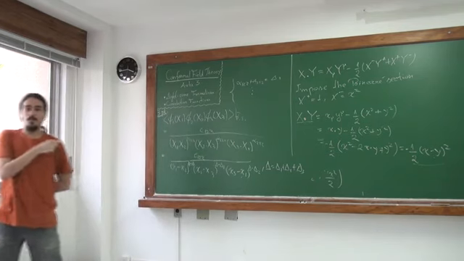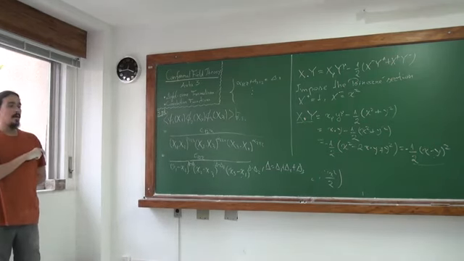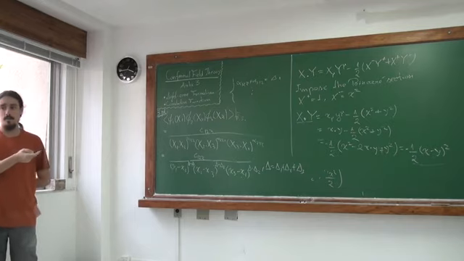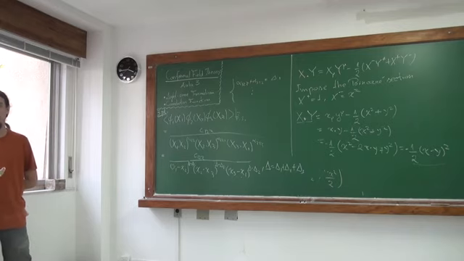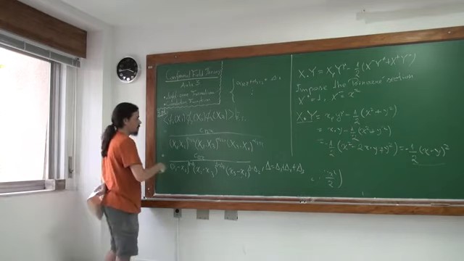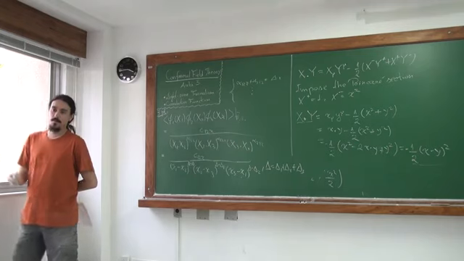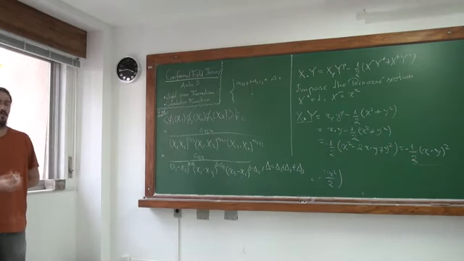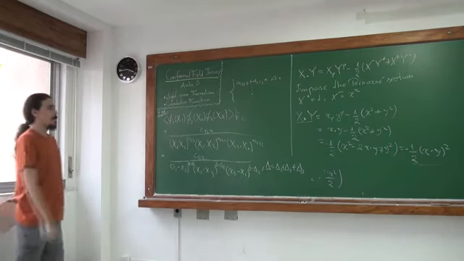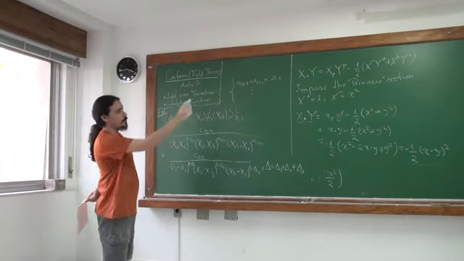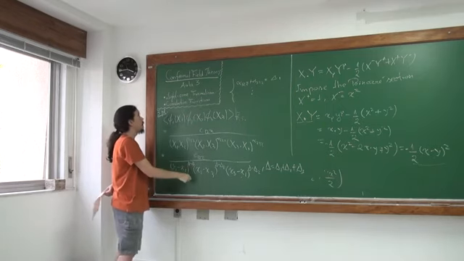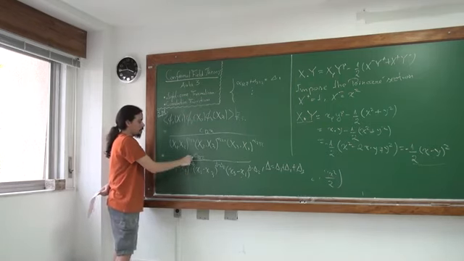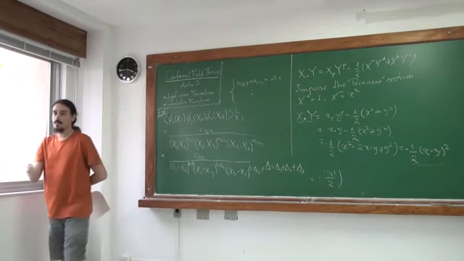This constant will only be fixed with dynamical considerations. It will depend on the theory, on the CFT you're talking about. This is the subject of the operator product expansion that we come to in 2 or 3 lectures, I don't know. But kinematics fixes the functional form of the 2-point function. It fixes the functional form of the 3-point function, except for the constant that is fixed by dynamical considerations.